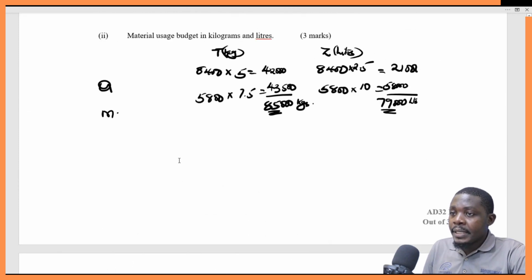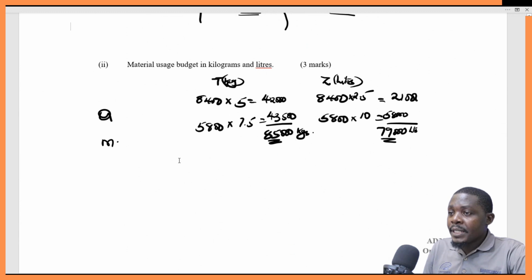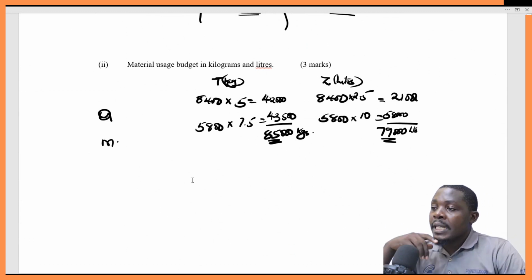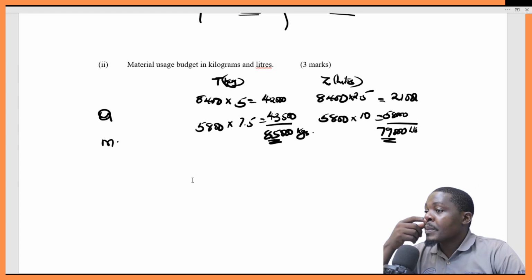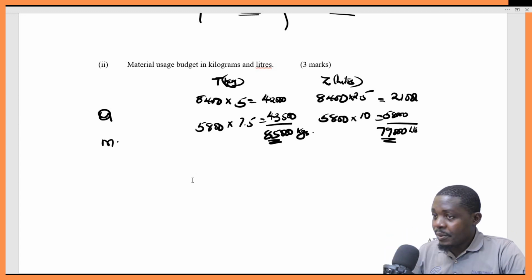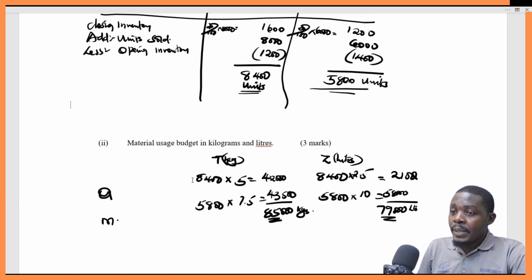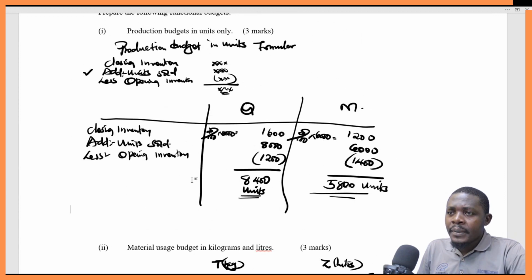And then we had the material usage budget, we have to segregate kilograms and liters, we get the number of units that were used. Then production budget, which you are given.